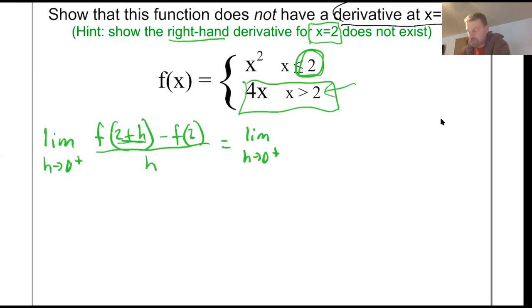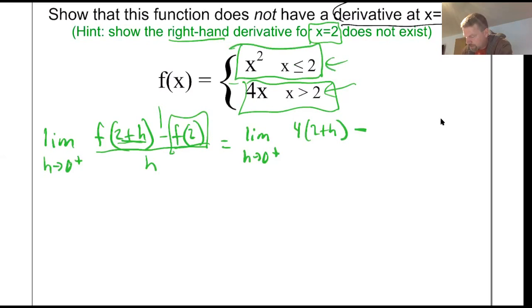So plugging that 2 plus h into that function, I'm going to have, instead of 4x, 4 times 2 plus h, minus f of 2. For that one, I'm actually going to be using this function right here, because at 2, when x is less than or equal to 2, I use that function. So I plug a 2 into there, 2 squared is 4, so 4, all over h. And then we're just going to try to find this limit.